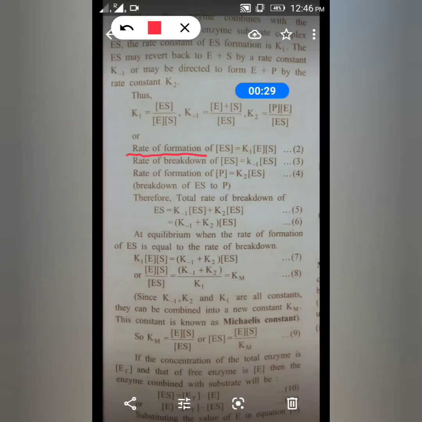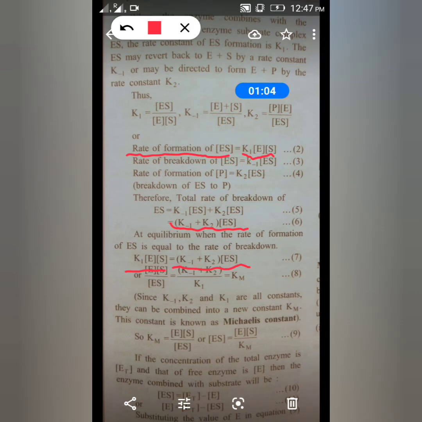The rate of formation of ES is given by K1 into E into S, enzyme into substrate, and the rate of breakdown we just calculated is equation 6. So at equilibrium, equation 2 will be equal to equation 6, that is, the rate of formation of ES is equal to the rate of breakdown of ES. So we get this equation 7.